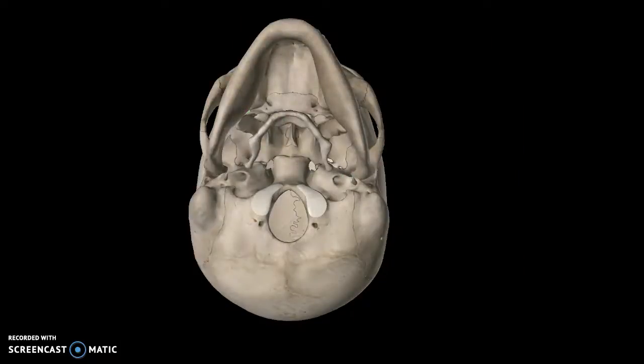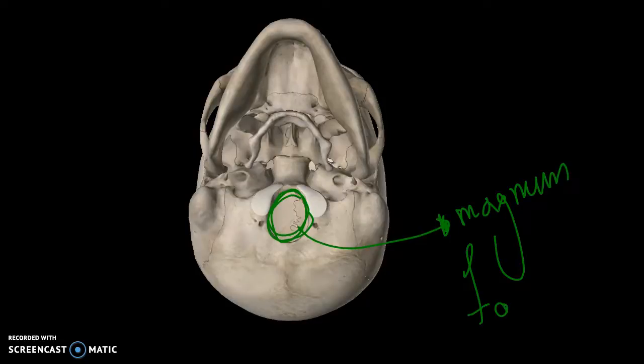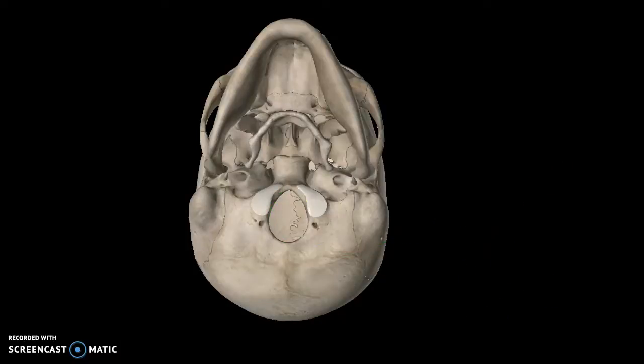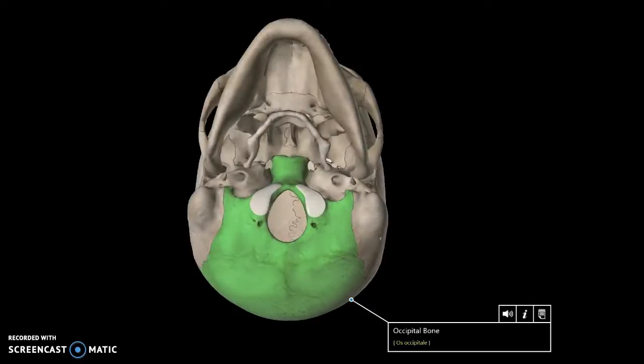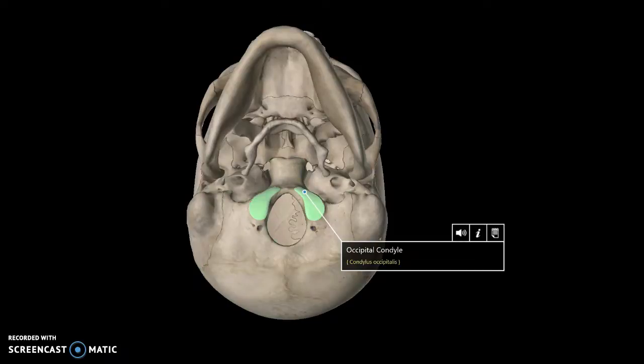So the first structure to pay attention to is the big one in the middle, this guy here. This is the foramen magnum. It's a very big hole. It's where the spinal cord goes through and connects to the brain. So looking at the occipital bone, which is this big bone here, the first structure to pay attention to is the occipital condyles, which are these two small bones here.